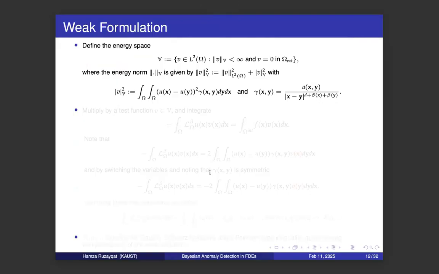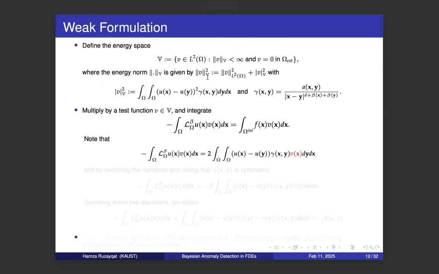Now we move to the weak formulation because we're going to use the finite element technique to solve this. So we define the energy space, V belongs to L2 of omega. The V norm, which is defined below here, is the L2 norm of V plus the semi-norm right here, less than infinity, and V equals 0 in omega external.